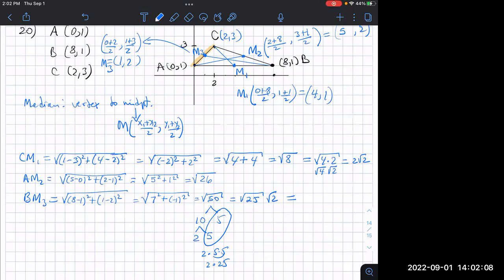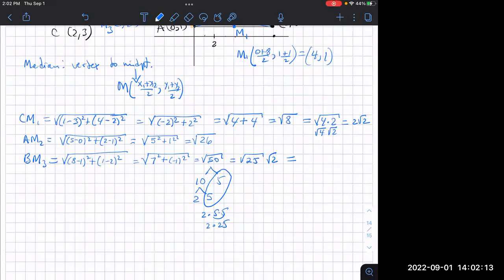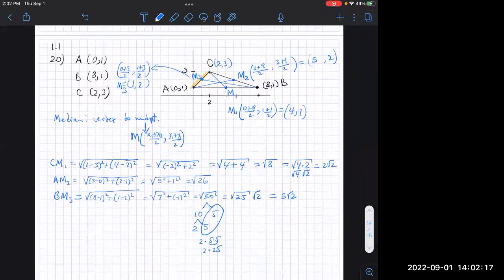So BM3 will be 5 square root of 2. There you go. So you found the length of each of the medians.